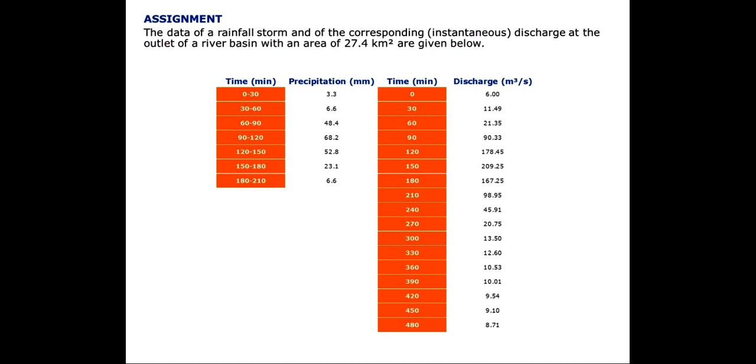On the right-hand side, you see the measured discharge. At the initial time 0, the discharge is 6 cubic meters per second. Half an hour later, you have 11.49, and so on and so forth. Now the questions that we will answer are: first, derive the net rainfall hydrograph for this storm, considering the base flow to be constant.